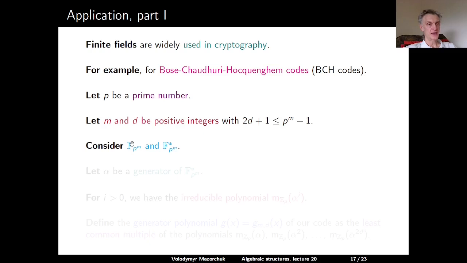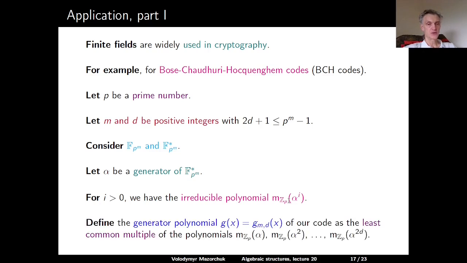Consider the finite field F sub p to the power m and its multiplicative group F sub p to the power m star. Let alpha be a generator of this multiplicative group. For i greater than 0, we have the irreducible polynomial over Zp of the element alpha to the power i. That's some irreducible polynomial over Zp.